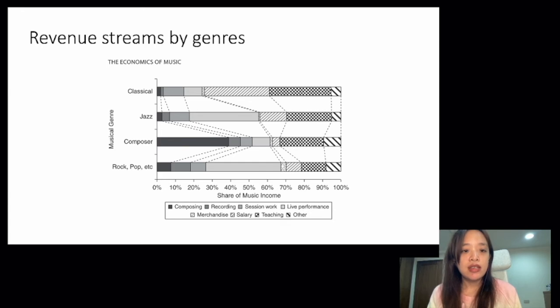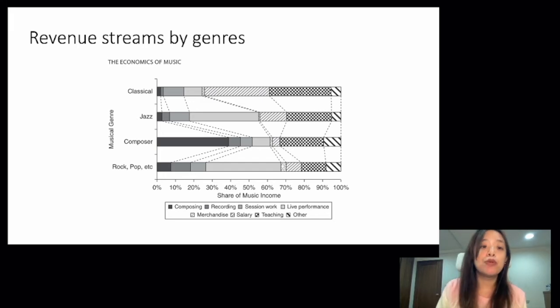For instance, classical musicians seem to have most of their income from salary, because they might be hired by a professional orchestra, while for other genres, such as jazz musicians, they might have more income from session work than the rest. So it is quite important, when we analyze creative workers and their work, to take genres into account, so that we can have a more specific focus on what they do and how to approach it.